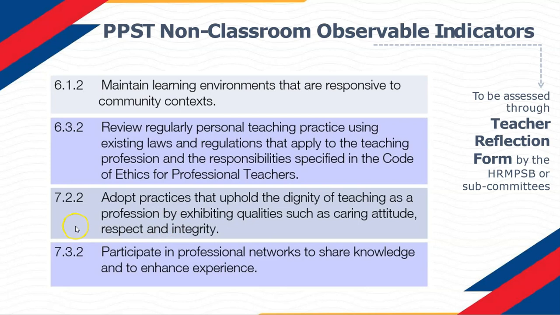Adapt practices that uphold the dignity of teaching as a profession by exhibiting qualities such as caring attitude, respect, and integrity. And last, 7.3.2. Participate in professional networks to share knowledge and to enhance experience.